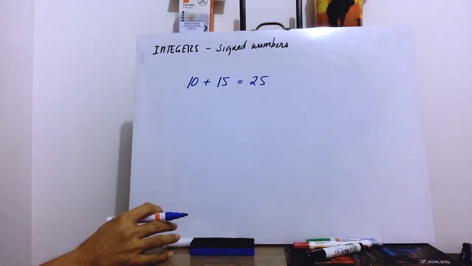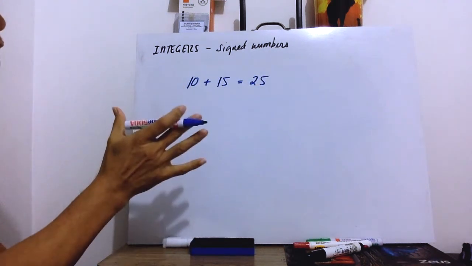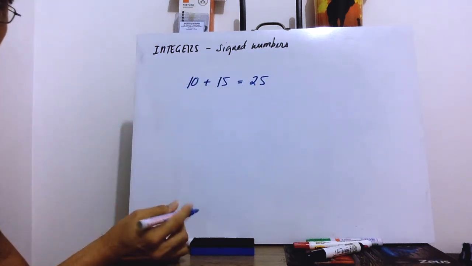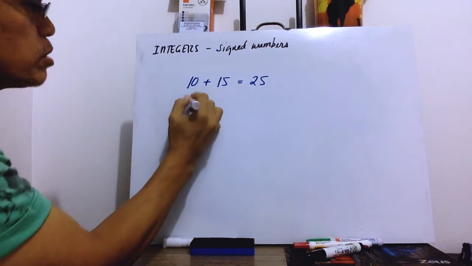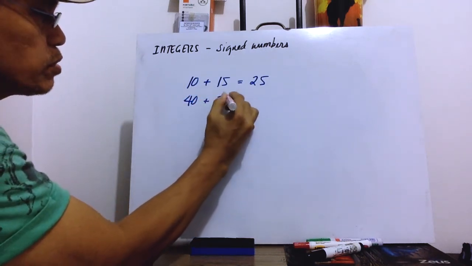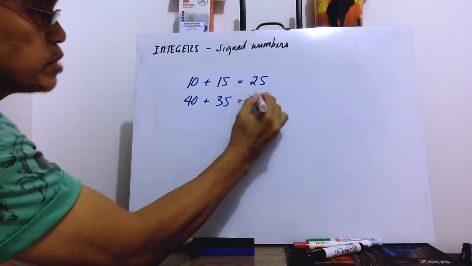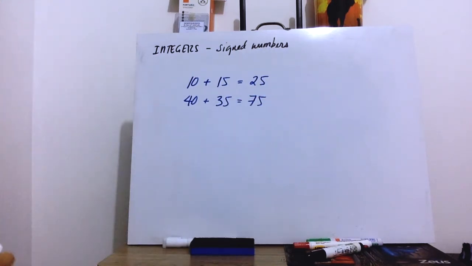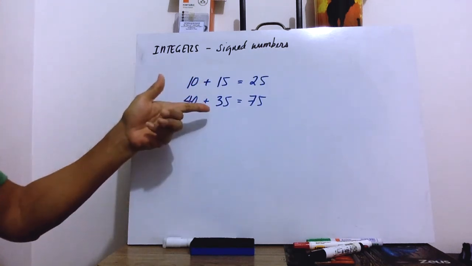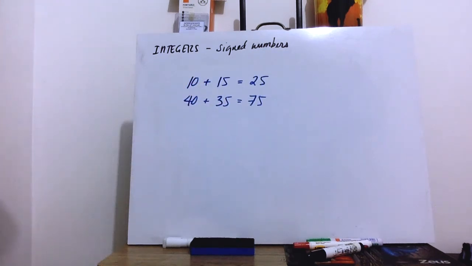Simple as that. Technically, I can say positive 10 plus positive 15 is positive 25. How about 40 plus 35? 75. Or positive 40 plus positive 35 will give us positive 75.